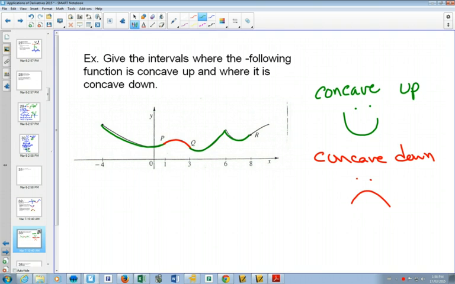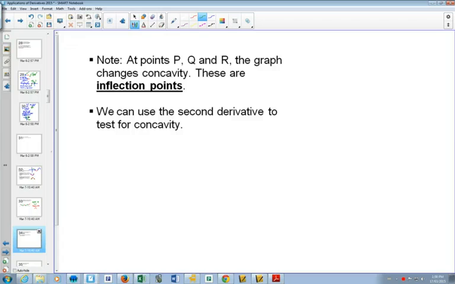And then finally here, we have concave down again. So those places where it changes concavity, those are called inflection points. And you can use the second derivative to test for concavity.